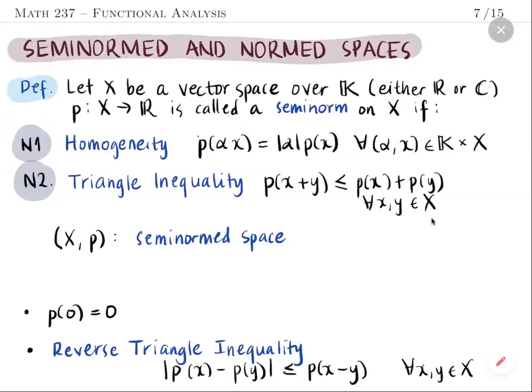Second, we have the triangle inequality. So the seminorm of the sum is less than or equal to the sum of the seminorms. So if you think of the seminorm as a length, for instance, then this means that if you have two vectors, x and y, then the sum is the diagonal of the determined parallelogram.